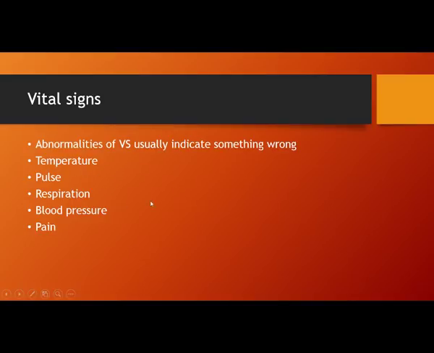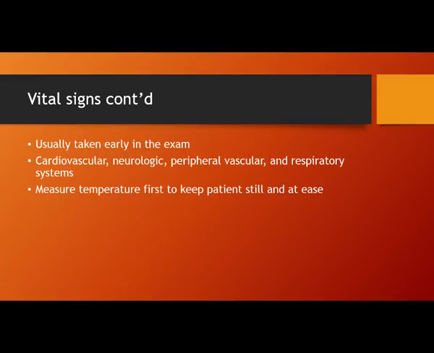The traditional vital signs are temperature, pulse, respiration, and blood pressure. In recent years, some people have added pain to that, although pain is not really something you can directly measure like those other things are. Vital signs are usually taken early in the exam for several reasons. For one thing, they can point you to what may be wrong.